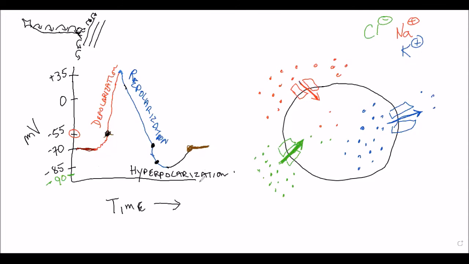You need a really strong stimulus to get that action potential going. So if you open chloride channels, do we tend to have an action potential or not? Not. It actually hyperpolarizes. It goes down even further.